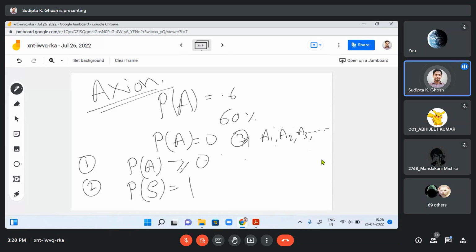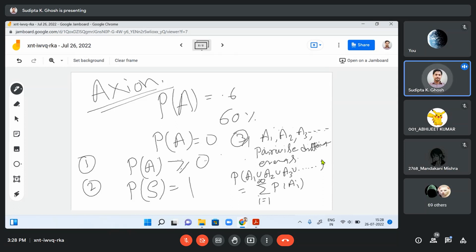These are an infinite sequence of pairwise disjoint events. Then the probability of A1 union A2 union A3 union and so on is given by the summation of probability of A i, i equal to 1 to infinity. Is it fine for everyone?